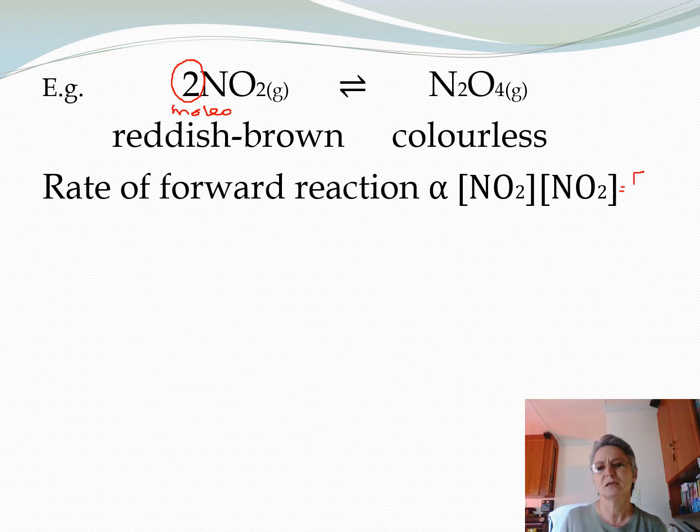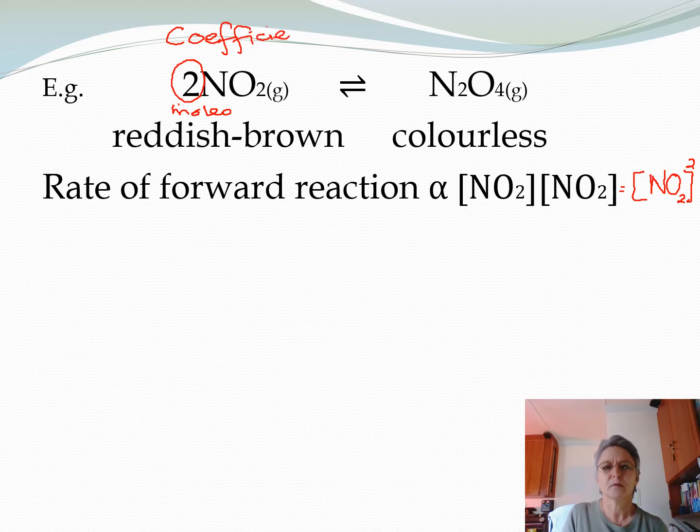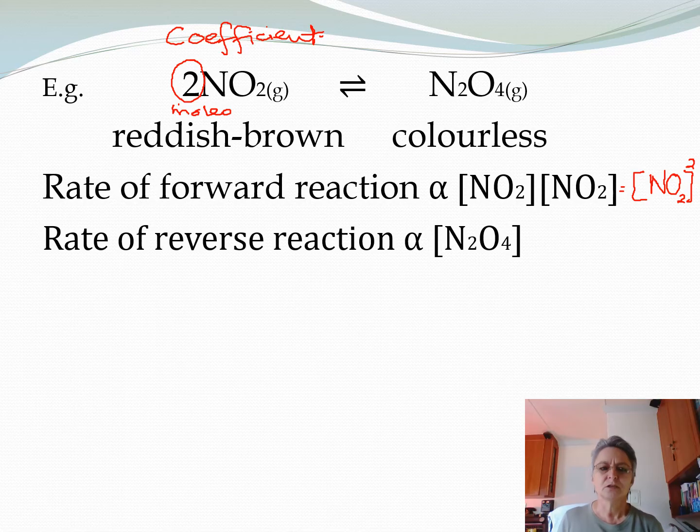So basically it's the square of the concentration of nitrogen dioxide. So the coefficient of the substance becomes the power of the concentration. And the rate of the reverse reaction would be directly proportional to the concentration of dinitrogen tetraoxide.